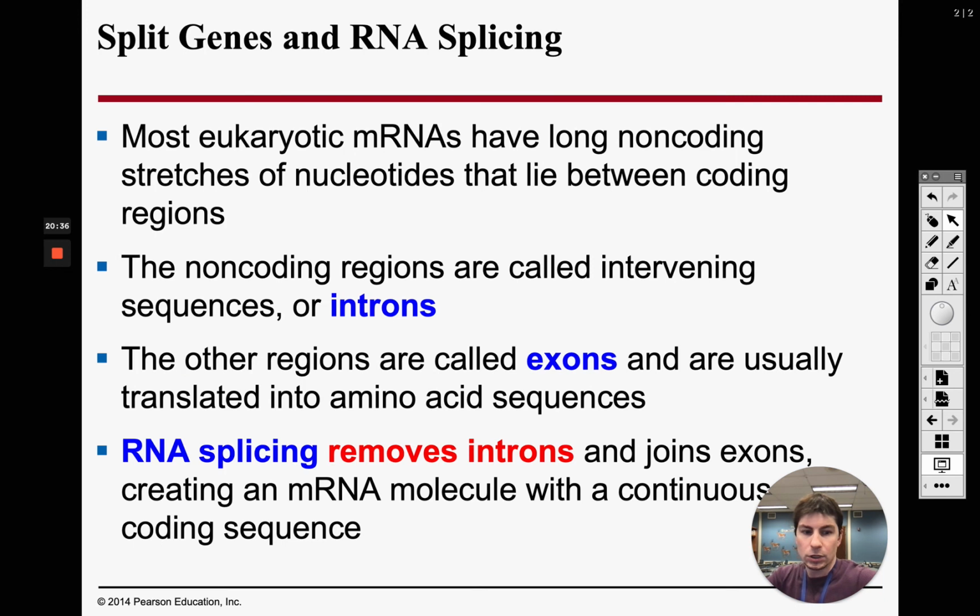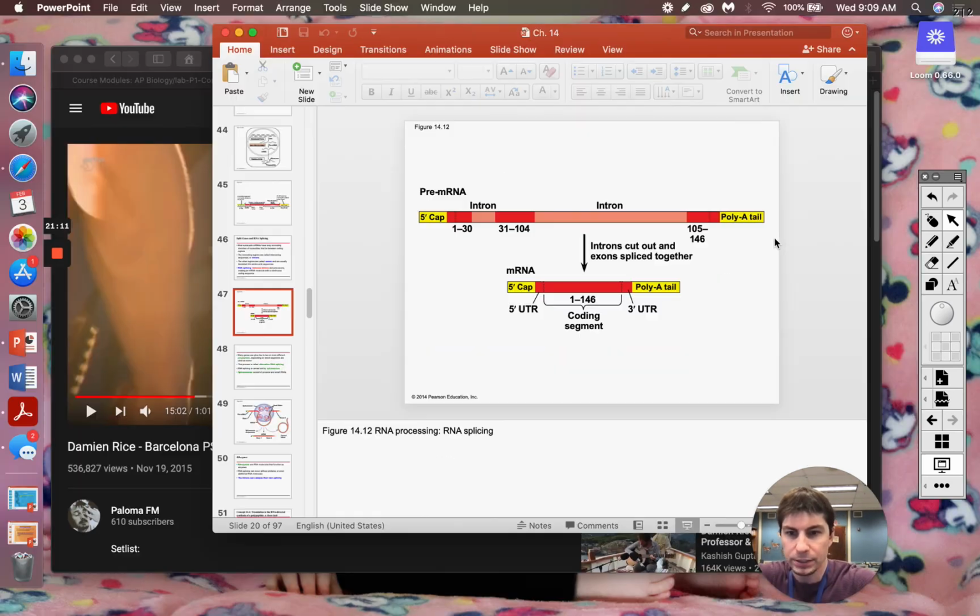Okay. So we're also going to have different parts of our mRNA. Now, we are not using all of our DNA to make this mRNA. We're using a part of it. We're going to be using a certain area that we need to make a specific protein. So we need to get a protein out of our DNA, and we're just going to target the area of that DNA that makes the protein. However, all of that area of DNA, that specific area, might not be used to make the protein. So let me try to give you guys a visual on this.